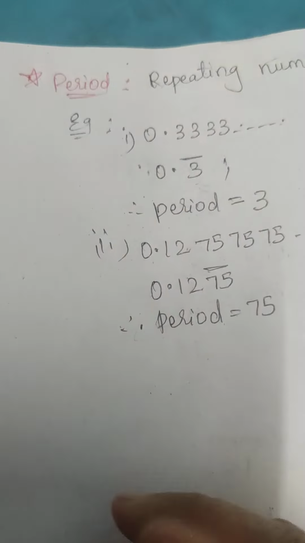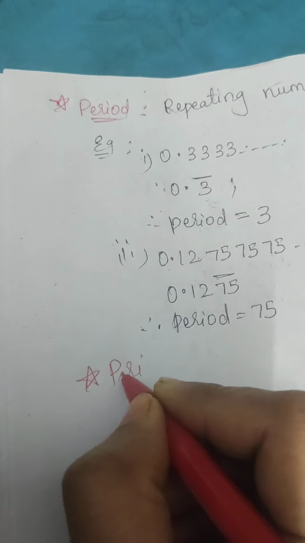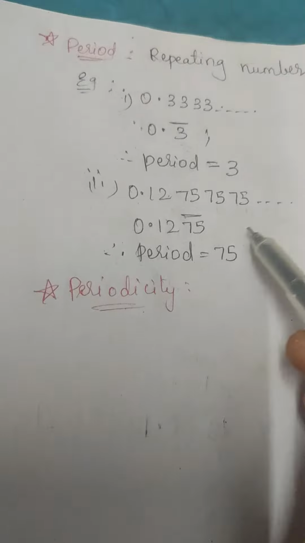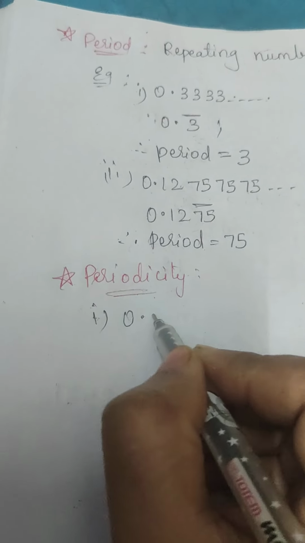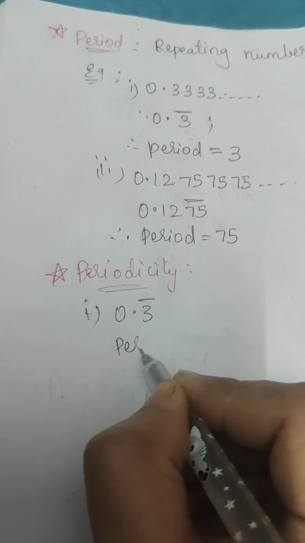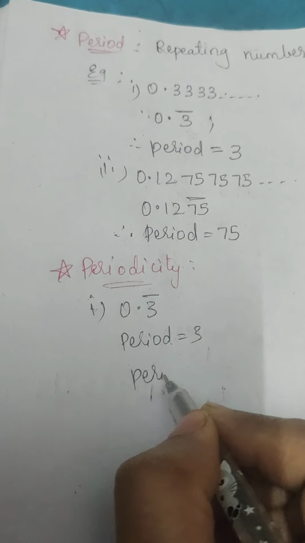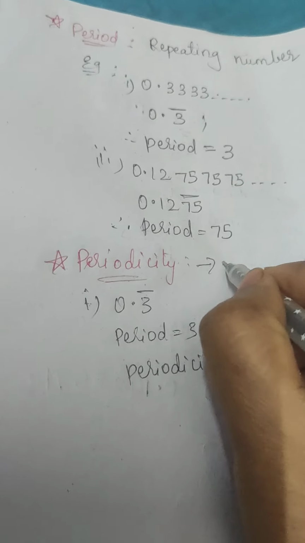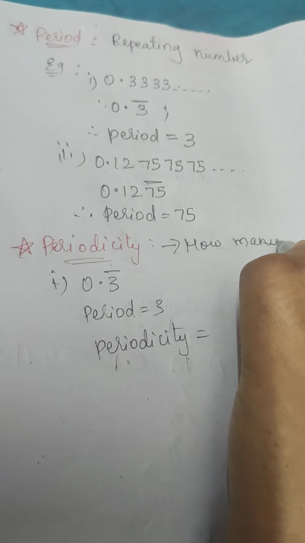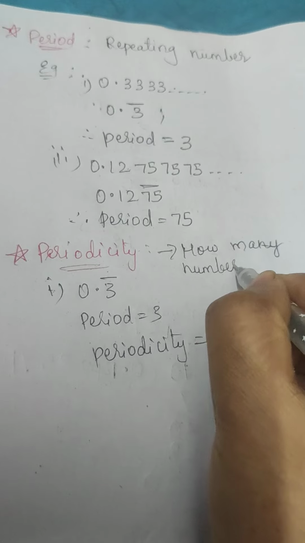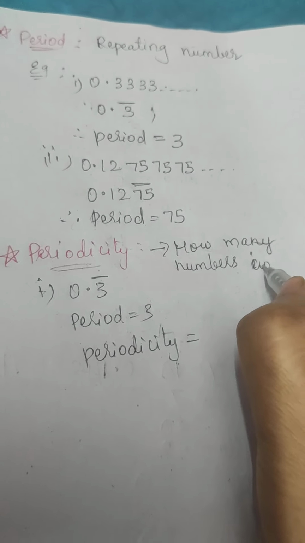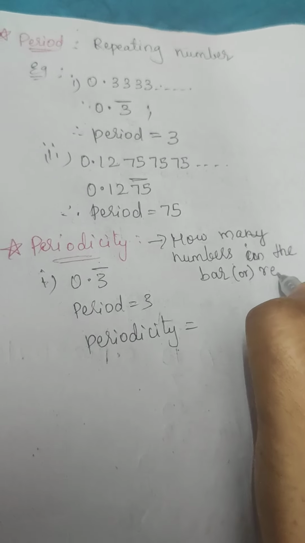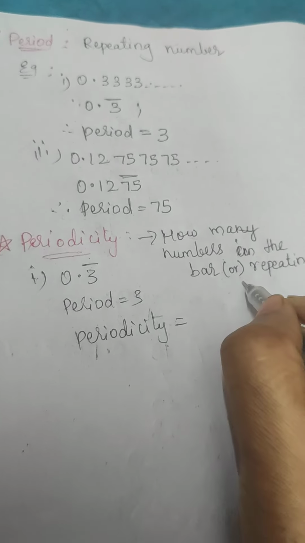Now let us see the periodicity. What is periodicity here? In the same examples, if we take the first one, 0.3 bar, the period is 3. Now periodicity will be how many numbers are there in the bar, or how many numbers are repeating.